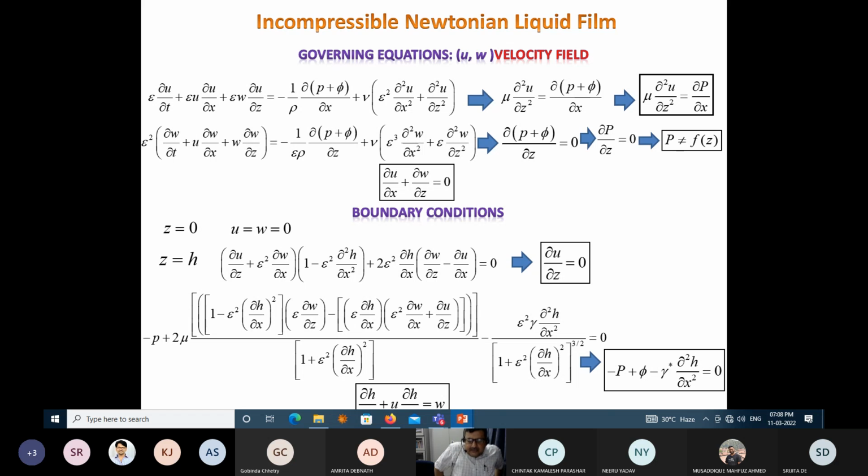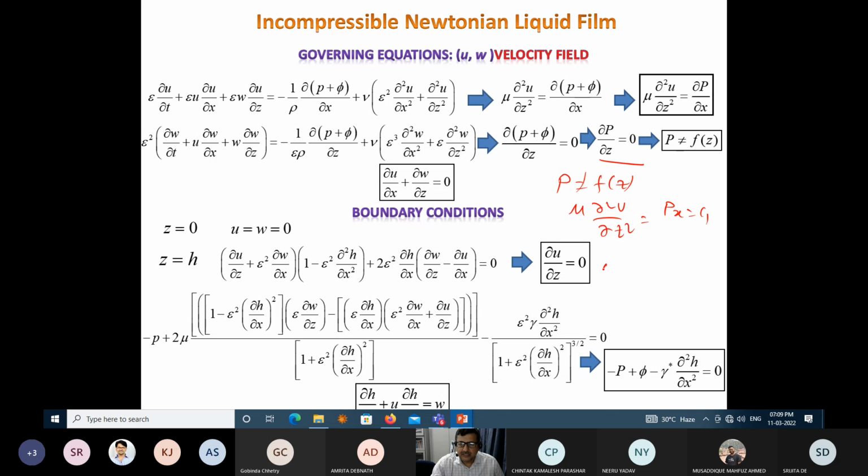Now, if you look at this del p by del z equal to 0, which is the z momentum equation, this tells that p is not a function of z. So what will happen to mu del square u by del z square equal to del p by del x? We can call it as px or c1.